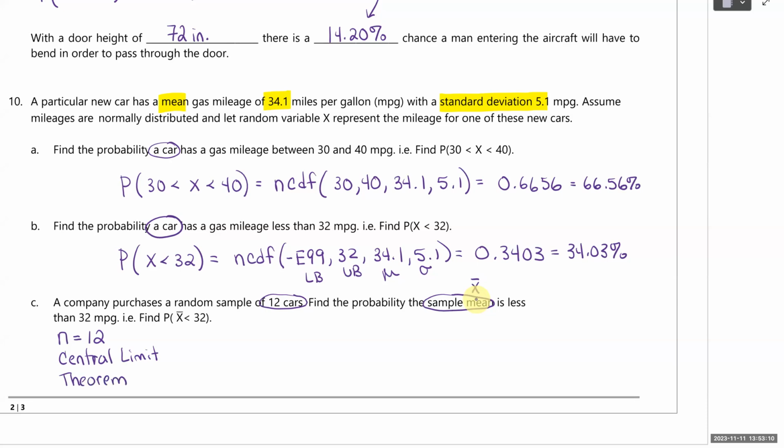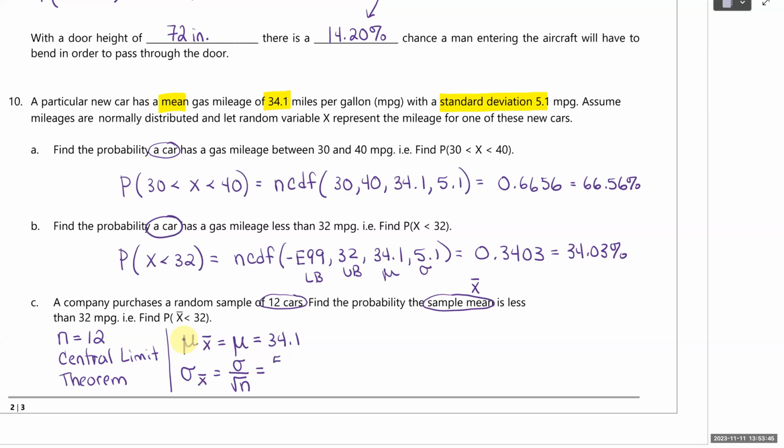So our central limit theorem would tell us that the population mean of the sampling distribution X bar, so the distribution of the samples, remains the mean of the original population. So our mean remains the same, 34.1, but the standard deviation of the sampling distribution changes based on the formula sigma over the square root of n.